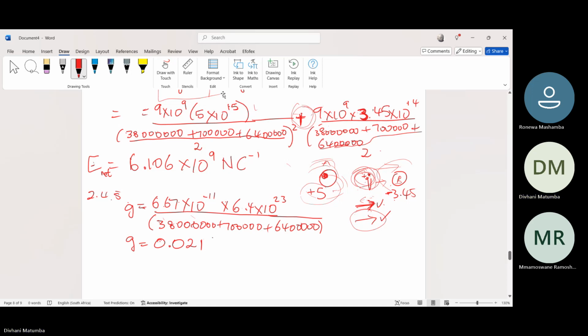It is meters per second squared. Newton per second squared.